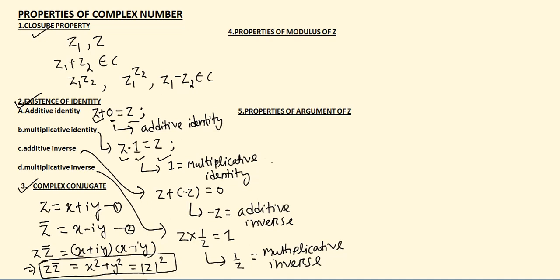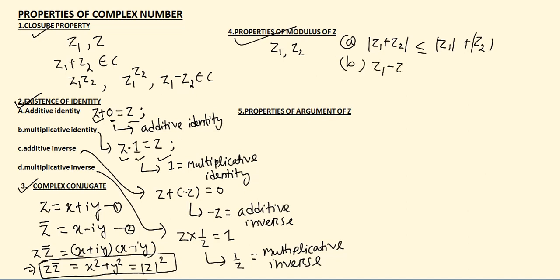So this is also an important result. Next property is modulus of z. If z1 and z2 are two complex numbers, then we can write the following inequalities. The first one is z1 plus z2 mod less than equal to z1 mod plus z2 mod. The second one is z1 minus z2 mod greater than equal to z1 mod minus z2 mod.